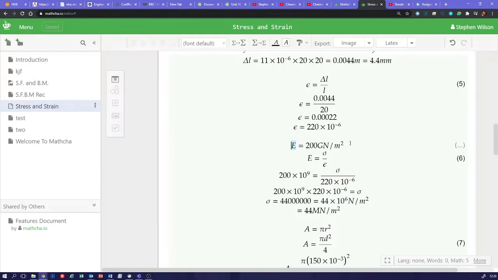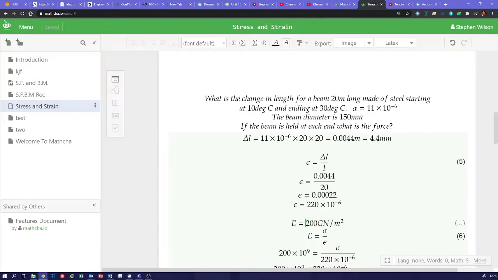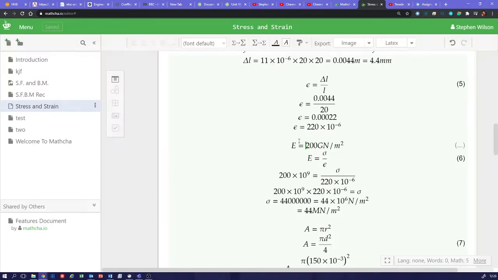Pascal is Newton per meter squared, more often used with pressure, but sometimes used as we're talking about stress strain. Or you can look that up, but I think are we given that in the question? We're not given that in the question, so you might have had to look that up. So Young's modulus, we've looked that up from Engineer's Toolbox or other source, Young's modulus of materials, and there we go. So that's where we get that value from.